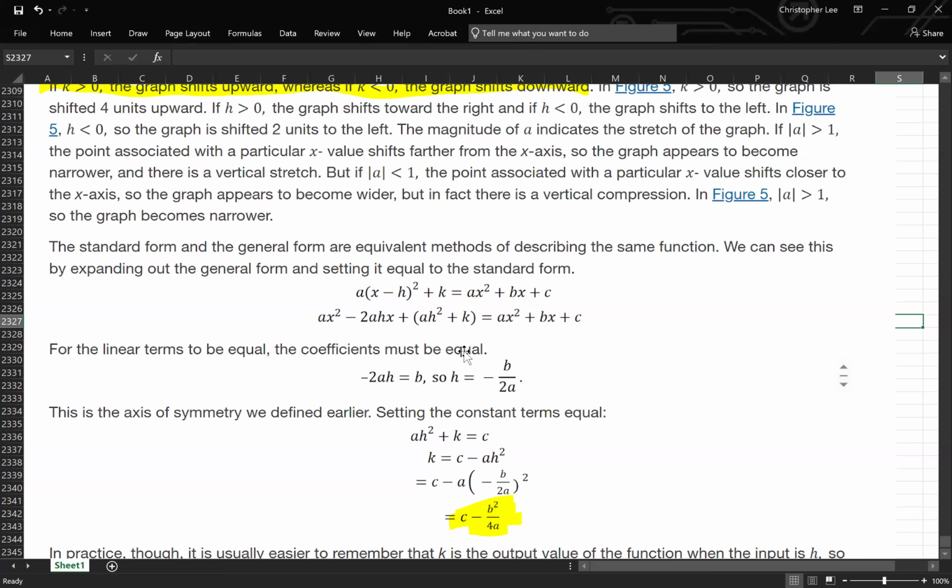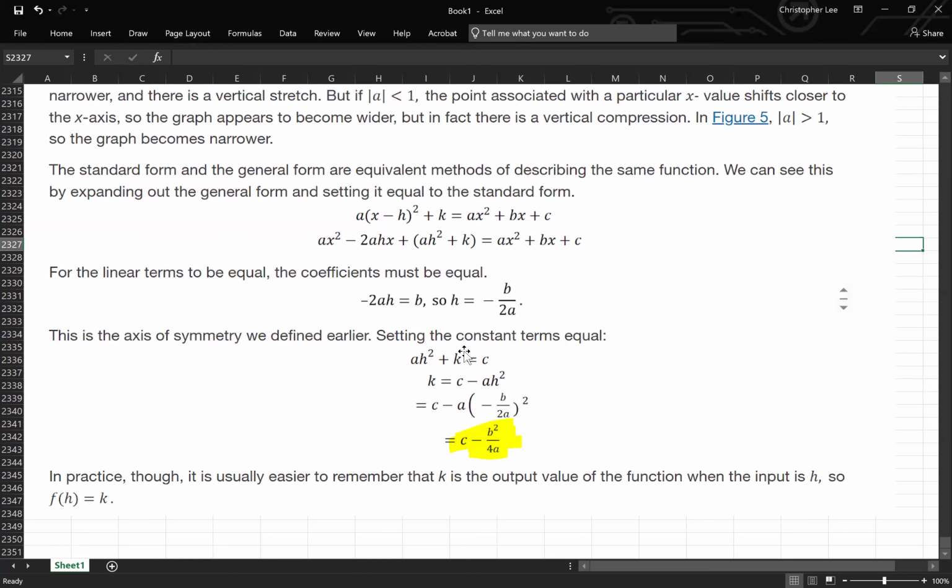Setting the constant terms equal, we get a times h squared plus k is equal to c. And then we have k is equal to c minus a h squared. Then we have c minus a times negative b over 2a, squared, which we end up with k is equal to c minus b squared over 4a.